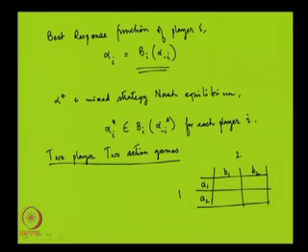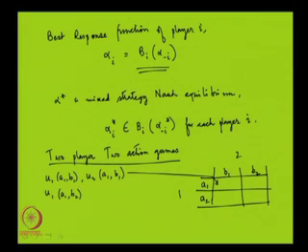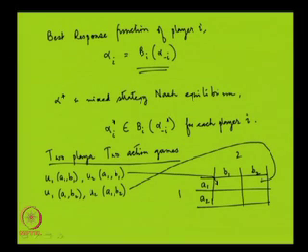Now, in this case, if the players are adopting mixed strategies and their payoff functions are the following: U1 of A1, B1, U2 of A1, B1. So, this belongs to this cell. U1 of A1, B2, so this is here.